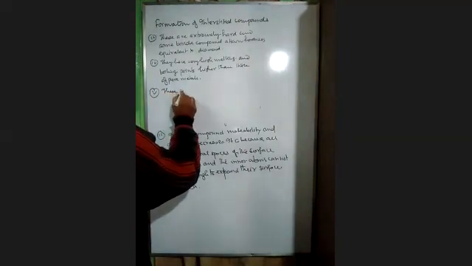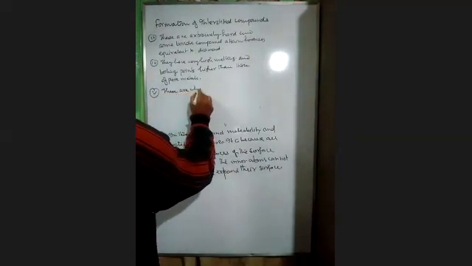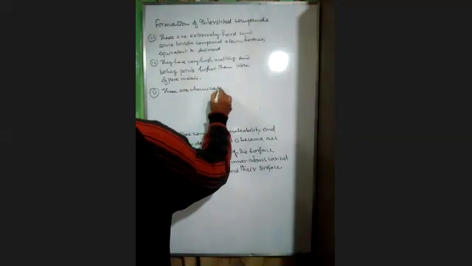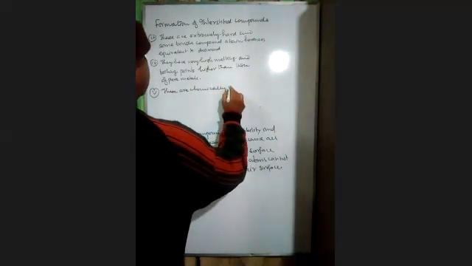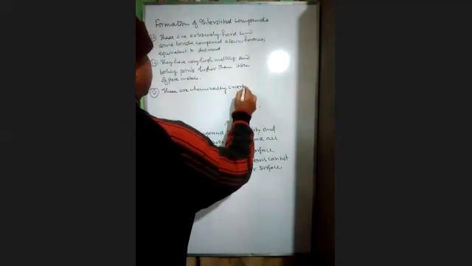These are chemically inert. Please remember, the cast iron that you have or the normal steel that you have, these are interstitial compounds. In the ordinary steel, only iron and carbon are there. Cast iron also has iron and carbon.